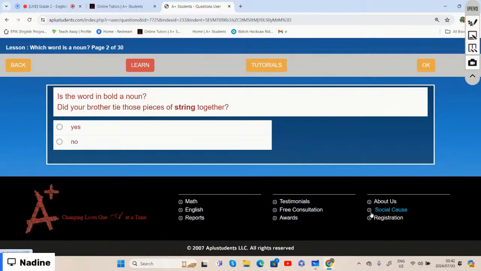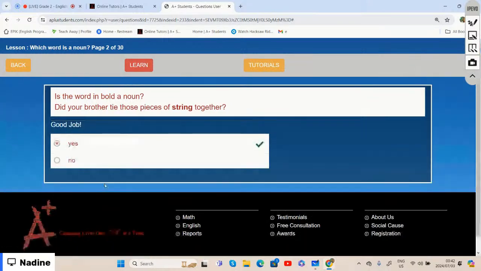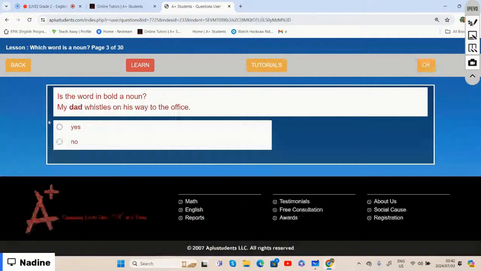So, string, is that a noun? Yes, or no? All right, so if we were to choose if string is a noun, then we will say yes, string is a noun. All right, so well done. String is correct.